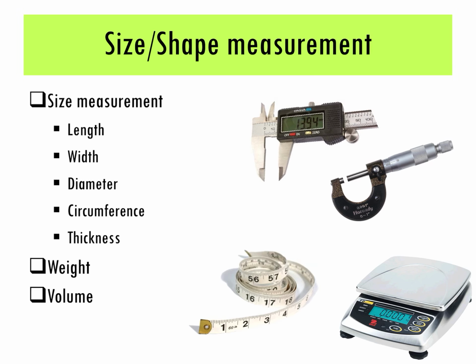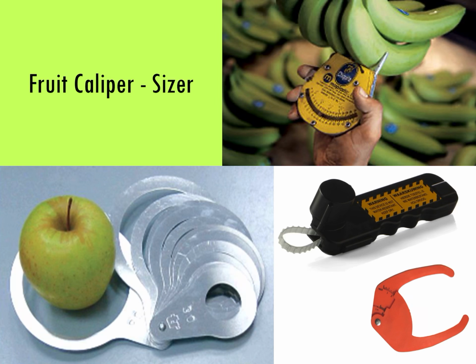Sometimes we use a balance to get the weight, or measure and calculate the volume of the food sample. On the screen are the fruit calipers or the fruit sizer, instruments designed for specific foods, such as the calipers designed for banana, or the sizer ring for apple.